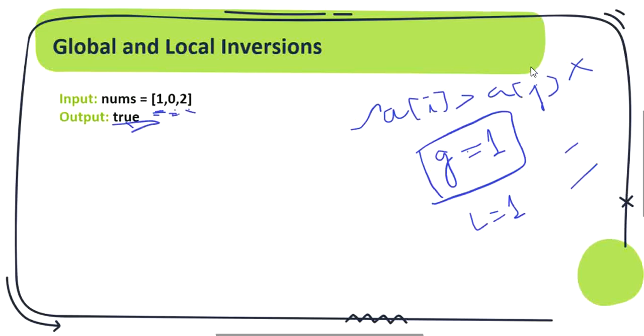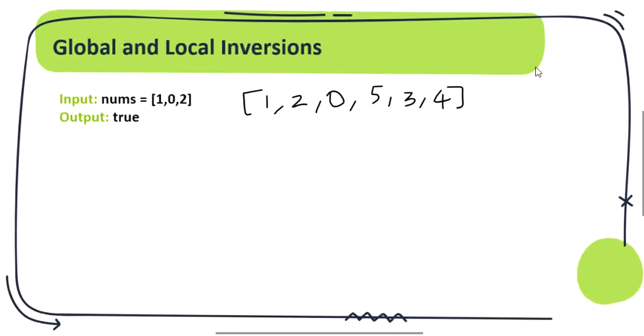So how are we going to approach this problem? Clearly, all local inversions are global inversions, because global inversions are any index i where the value a of i must be greater than a of j, and local inversions are a of i greater than a of i plus 1, where i plus 1 can be j.